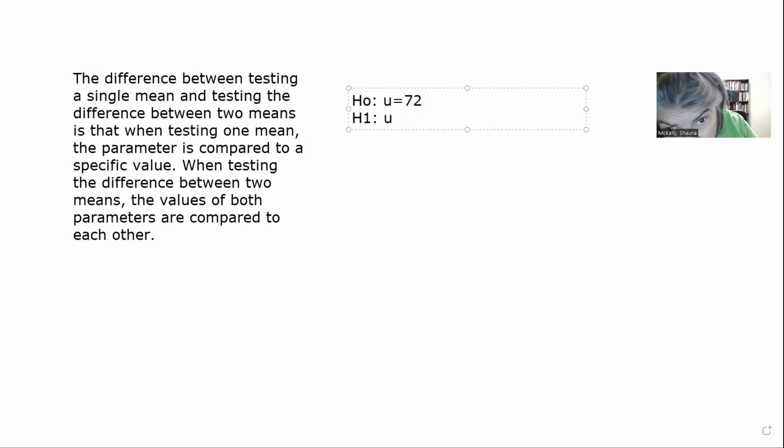We can have this test going in any of the three directions, just like before. I'll use not equal to in this case. Mu is not equal to 72. That's a single mean, okay? So this is stuff that we saw in either section 8.2 or 8.3.